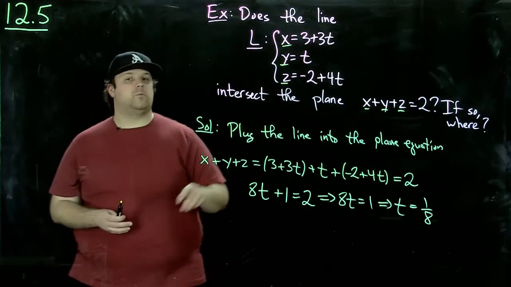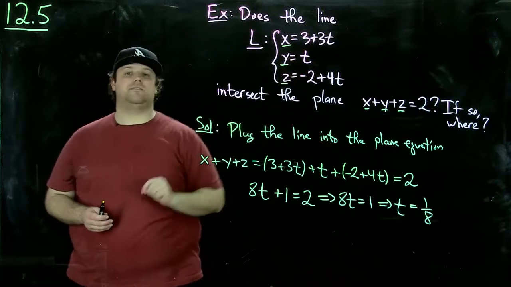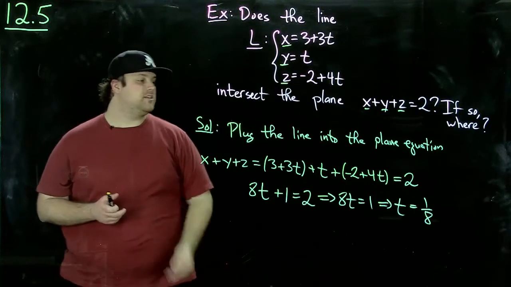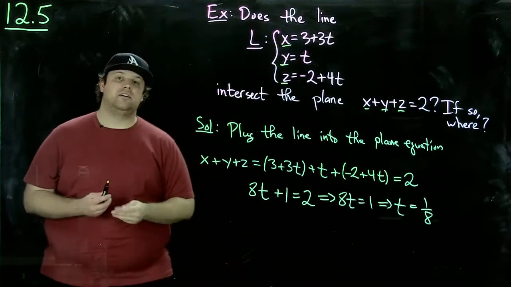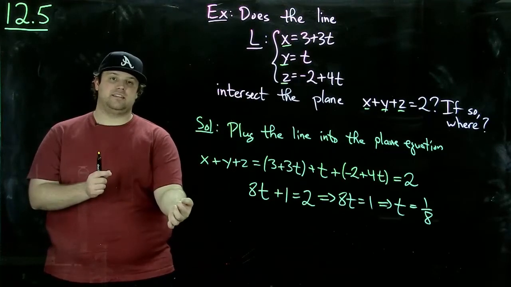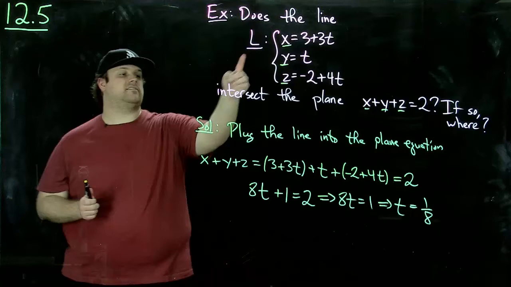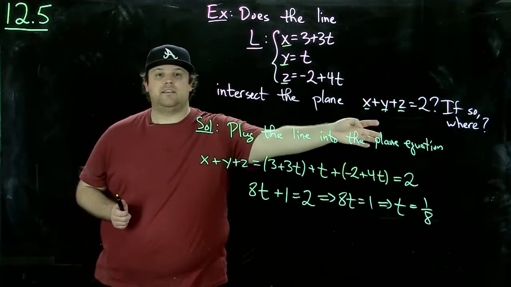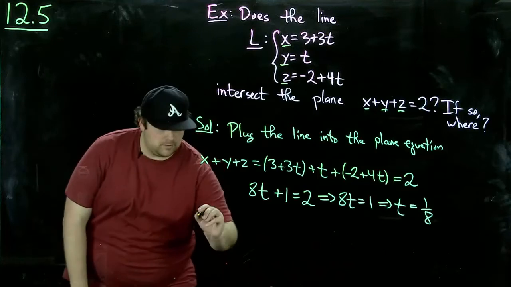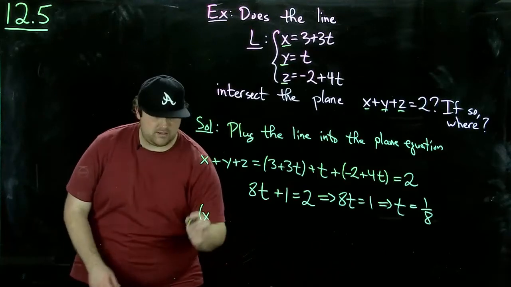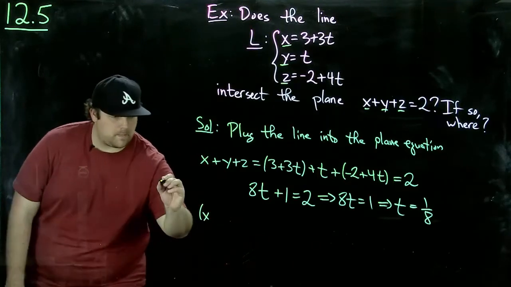Well, we have a nice description of the line in terms of t. So if we plug in t equals 1/8 into the line, we'll see the point on the line that hits the plane. That's the point on the line that satisfies the equation of the plane. So we know the intersection point.